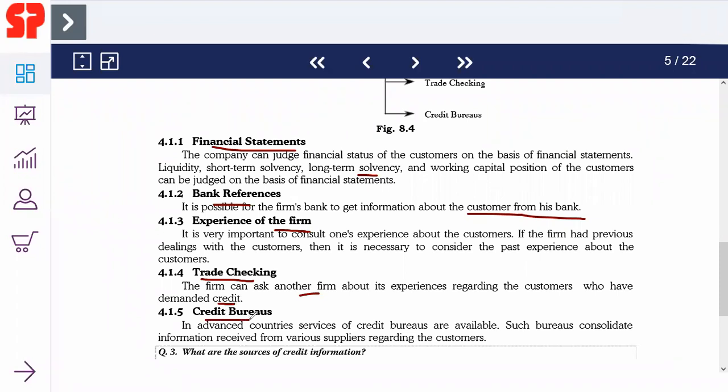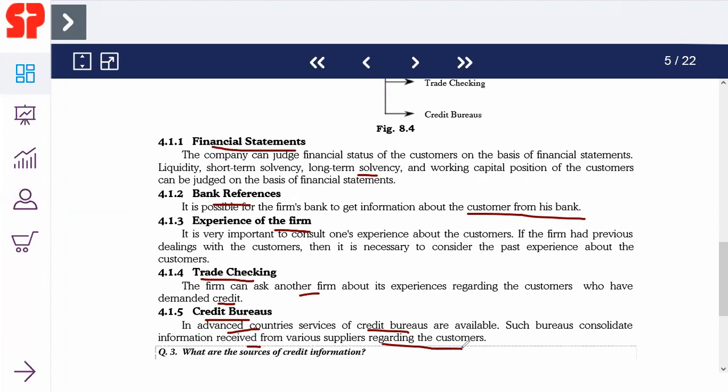And credit bureaus, they are like an organization from whom you can get the information about the customers. Normally in advanced countries, credit bureaus are available. They can consolidate the information and give it to the seller about the customers.